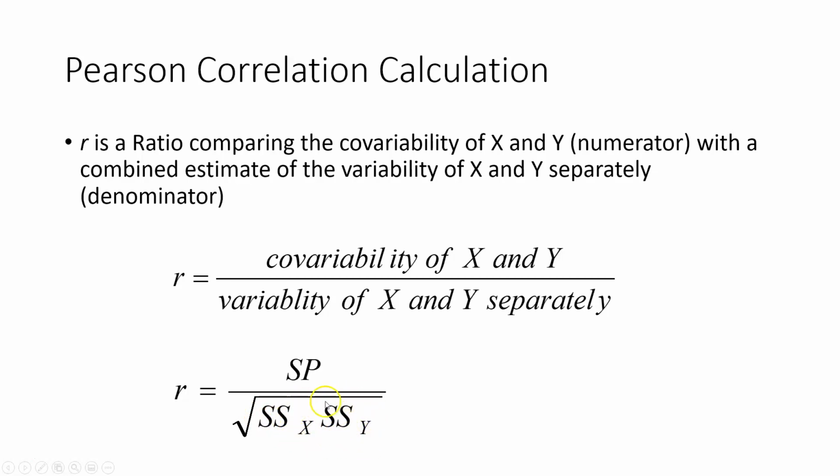We multiply them together, and then take the square root, because, as you know, square rooting does the opposite thing of squaring. And if these are very similar to each other, then this would be almost the same as squaring. And so, when you square these together and take the square root, you're assessing the degree of variability in the two things separately.